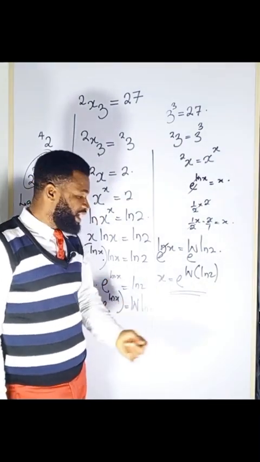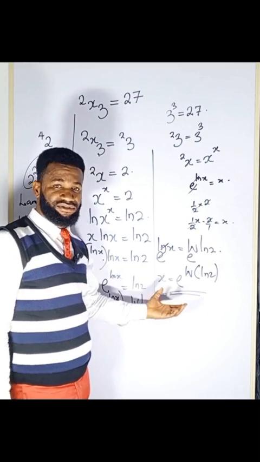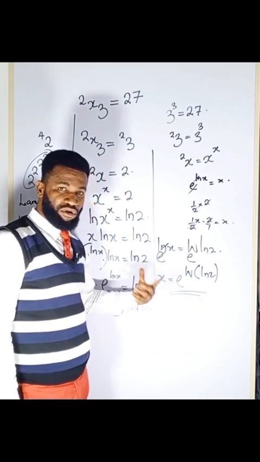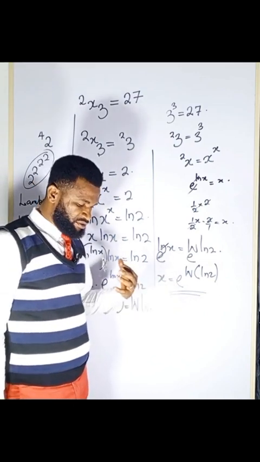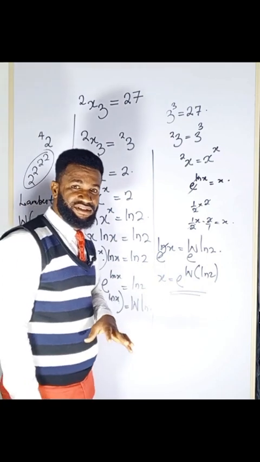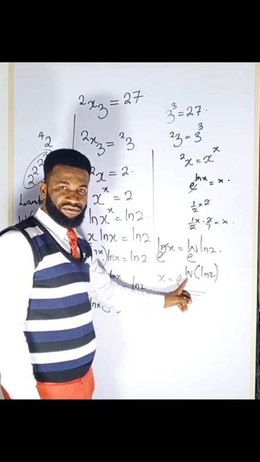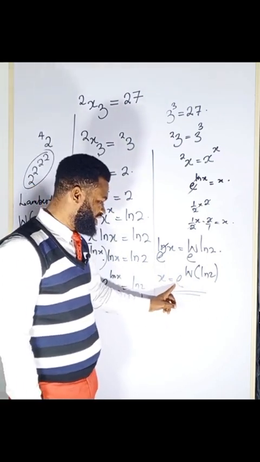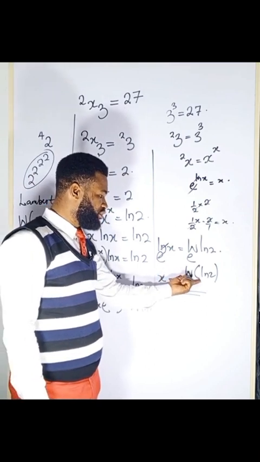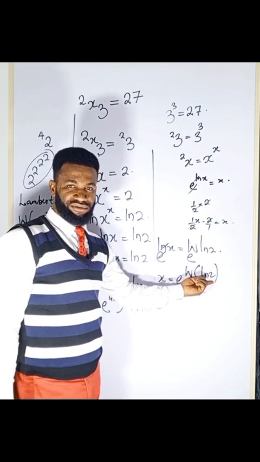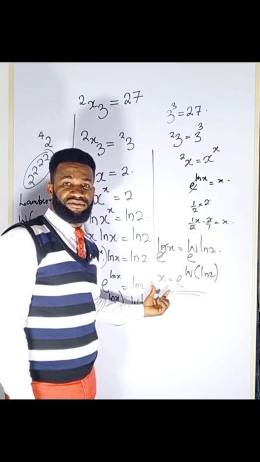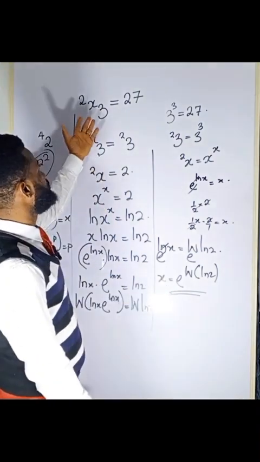It's mathematics. There are calculators or some computer functions which can handle this, which have the W function. When you key in e to the power of W function of ln 2, you are going to have the value of x, which is true for this.